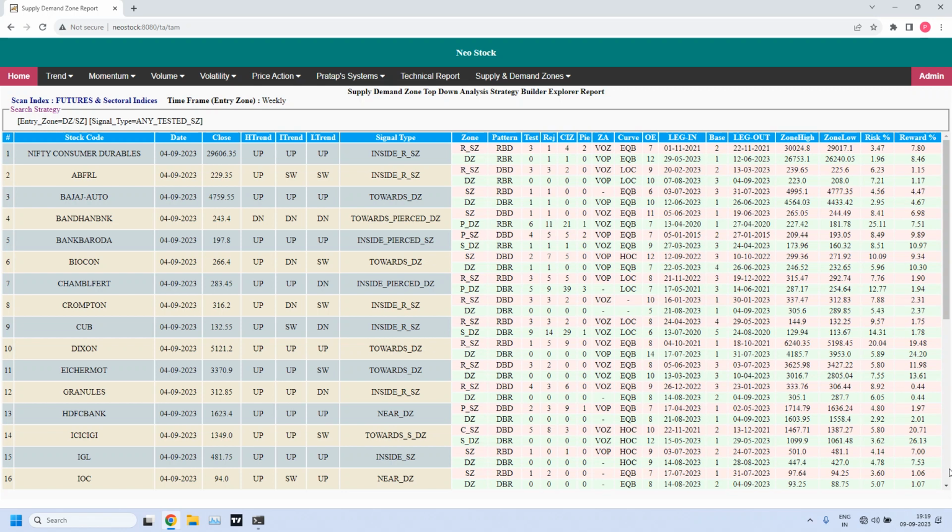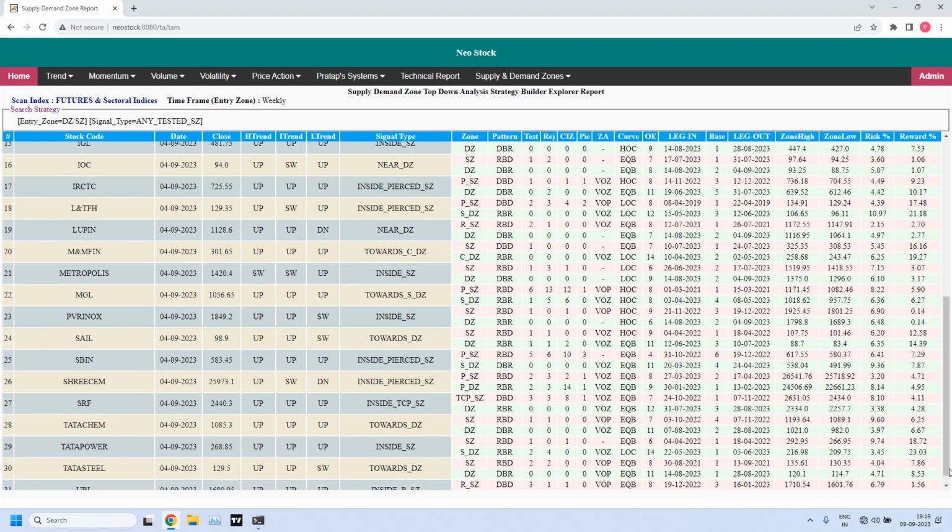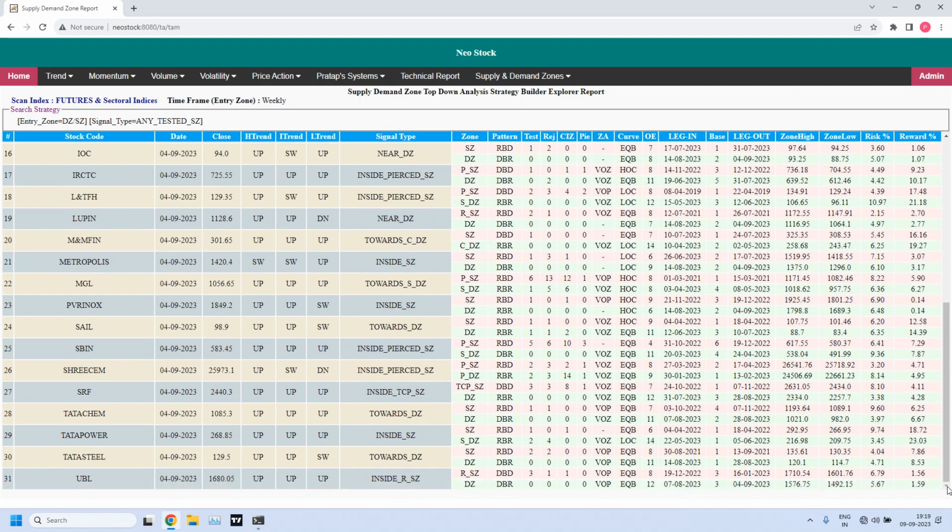I'm scrolling down and showing you the next list of the tested weekly supply zones. And this is the final list.